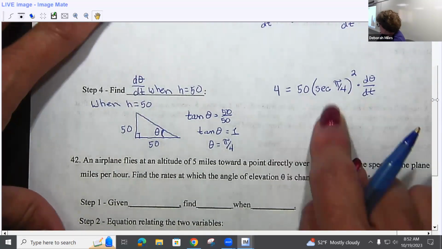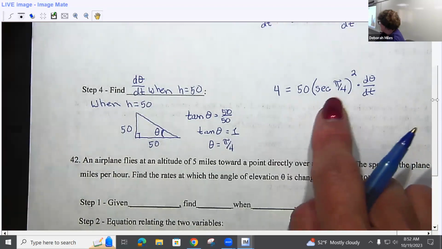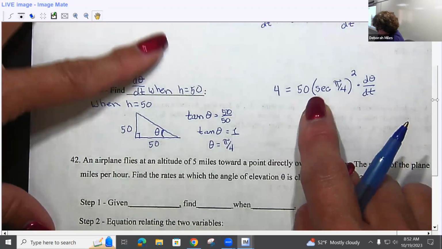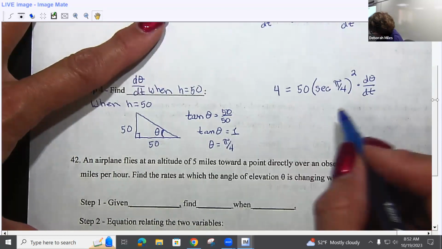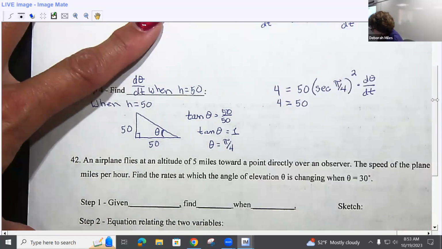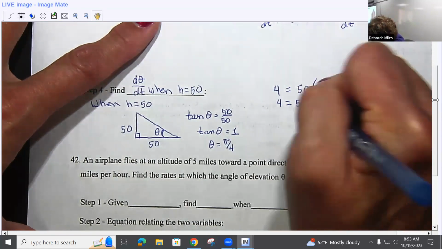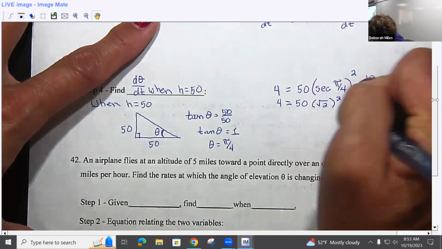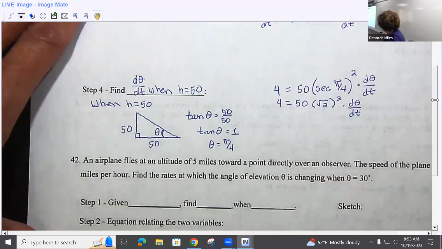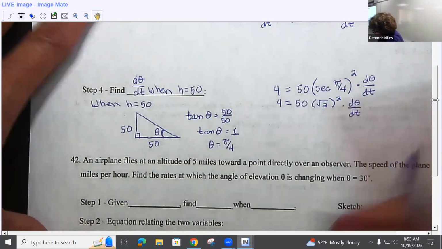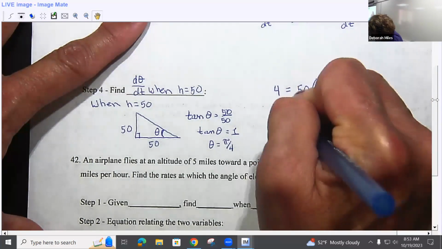And if you find secant of pi over 4, it's just square root of 2. Square root of 2 squared is just 2, and 2 times 50 is 100.